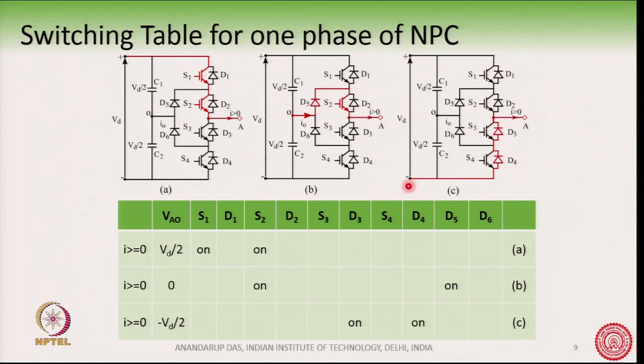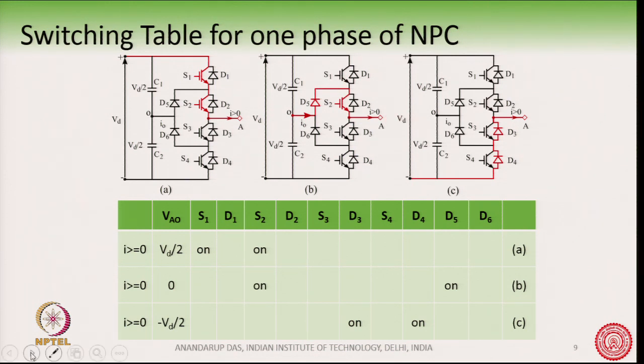If the current direction is positive, then it will automatically ensure that D5 and S2 are conducting.